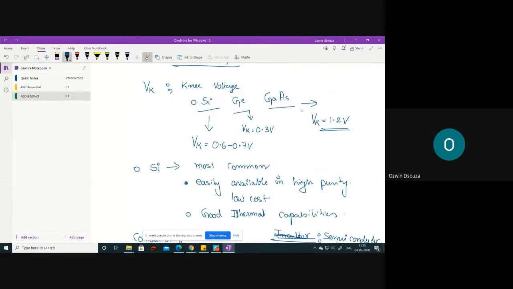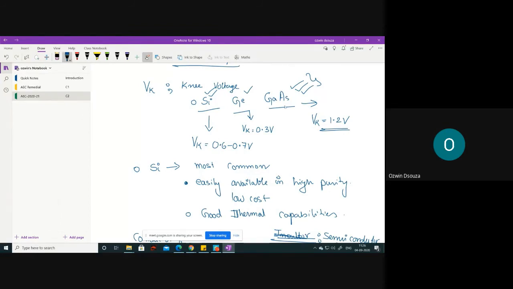So for gallium arsenide, I'll put 3 ticks, for silicon 2 ticks, and for germanium a single tick. If you find more ticks, it is understood that the material is better. So gallium arsenide has the best thermal handling capacity, followed by silicon and then germanium.